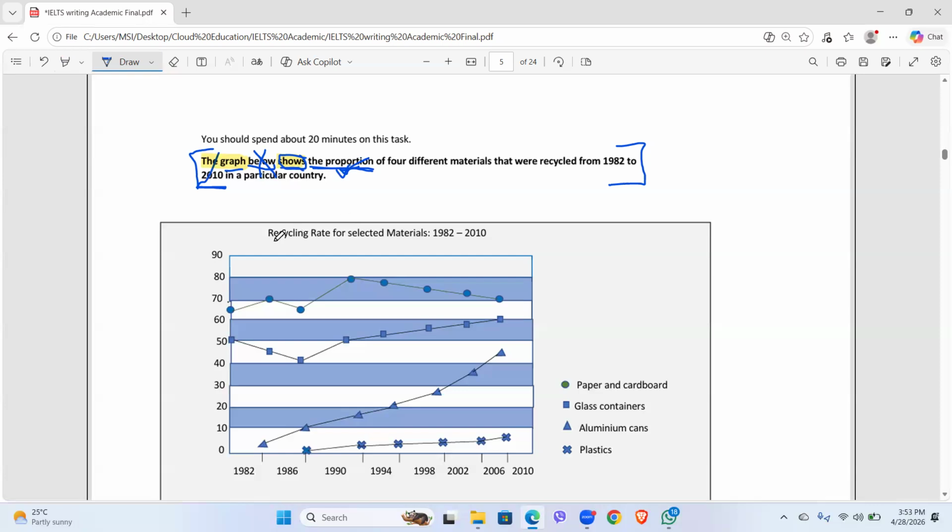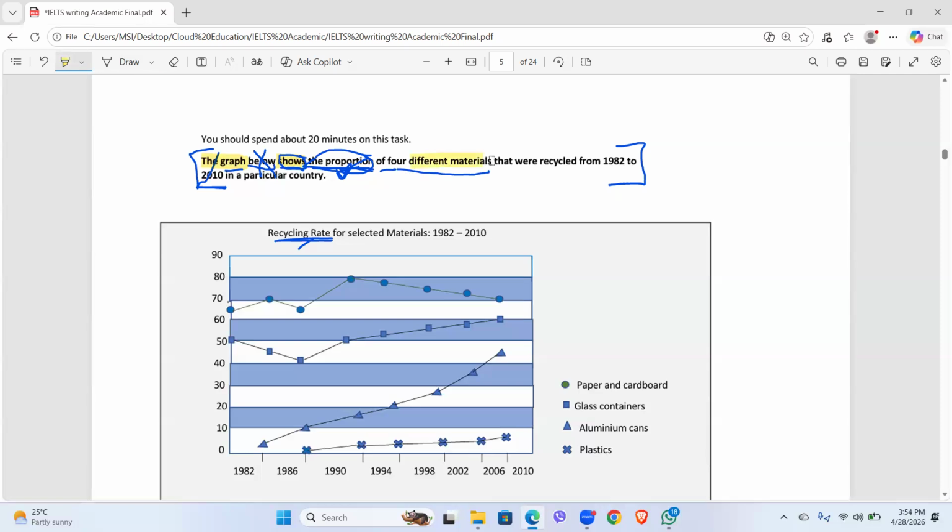So it is saying recycling rate. So I think we can write percentage instead. It is a rate, right? So we can write percentage of. Four different materials. In place of four different materials, what can we write?